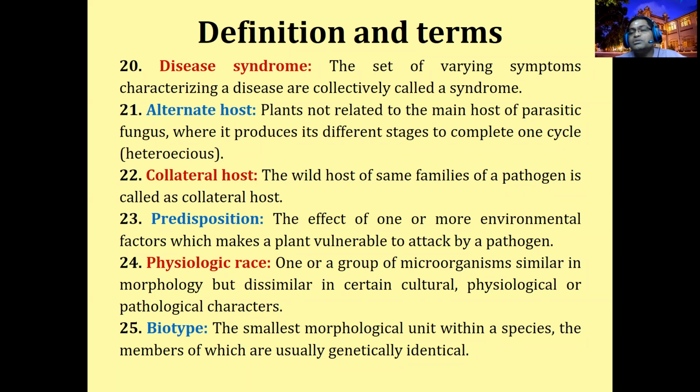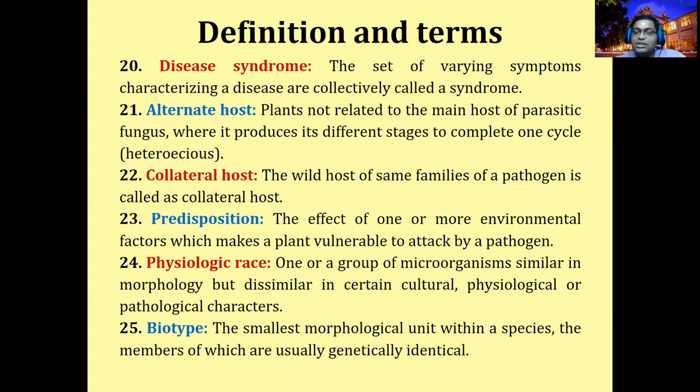Or sometimes, mainly for host parasitic fungi, a plant not related to the main host that is needed to complete its life cycle, we call an alternate host. This is a typical example in wheat rust, especially stem rust.